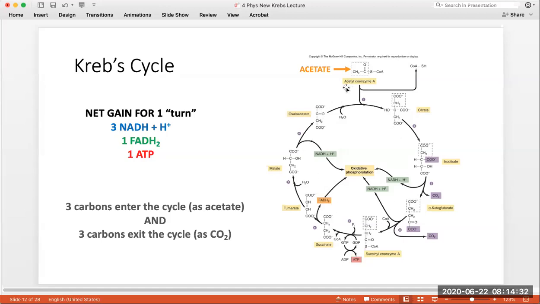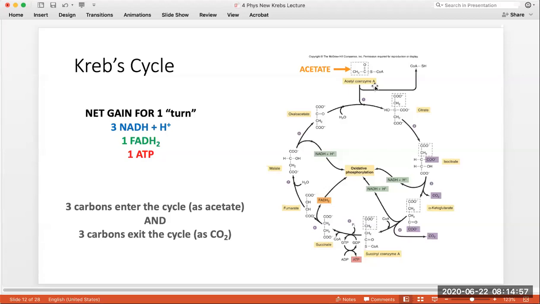That's 1 turn of the Krebs cycle. And again, in 1 turn, you're going to make 1, 2, 3 NADH plus H+. You're going to make 1 FADH2, and you're going to make 1 ATP. If we're focusing on glucose, then that's going to be 2 turns of the Krebs cycle because you have 2 pyruvate. Each pyruvate gets converted to acetyl-CoA.